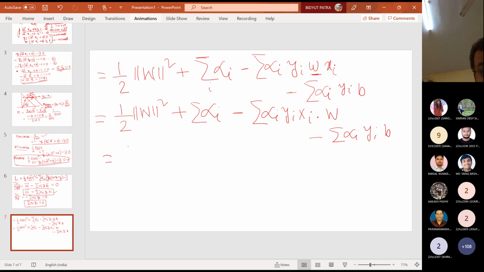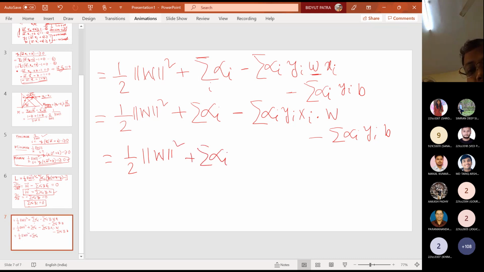So here we can write half of w square plus summation over alpha I, where alpha yi xi is nothing but w, and this is the dot product with w, so this will give you w square.